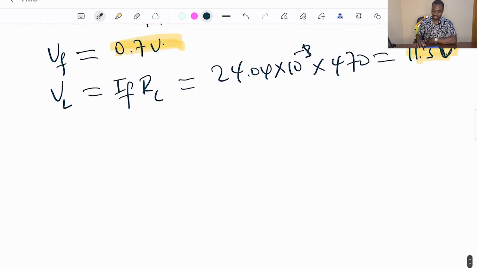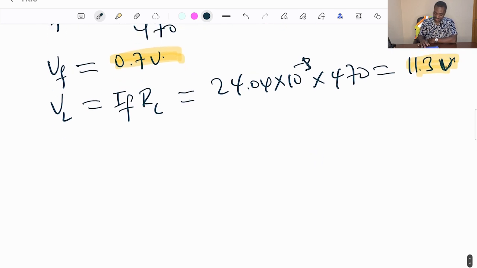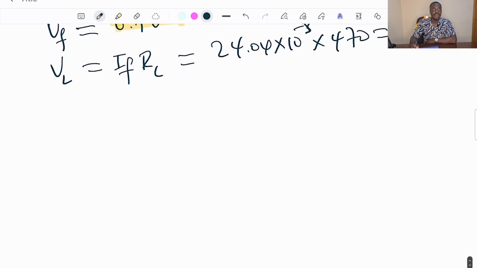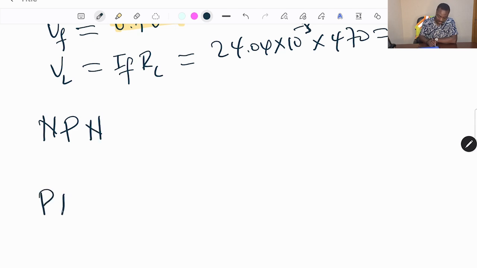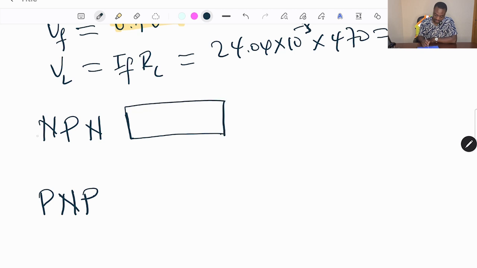So the types of bipolar junction transistors that we have are the NPN and the PNP. If we have NPN, what that means is that we have two N regions and one P region.